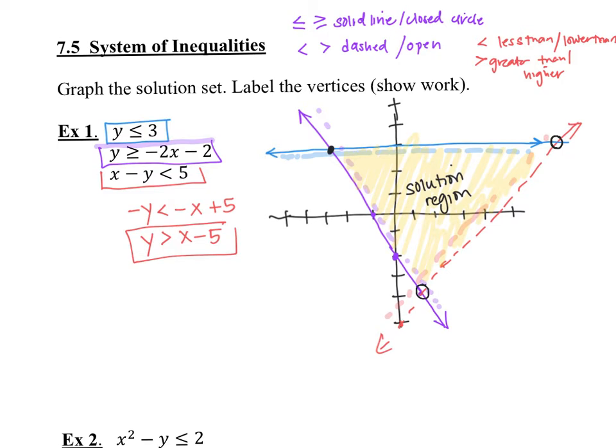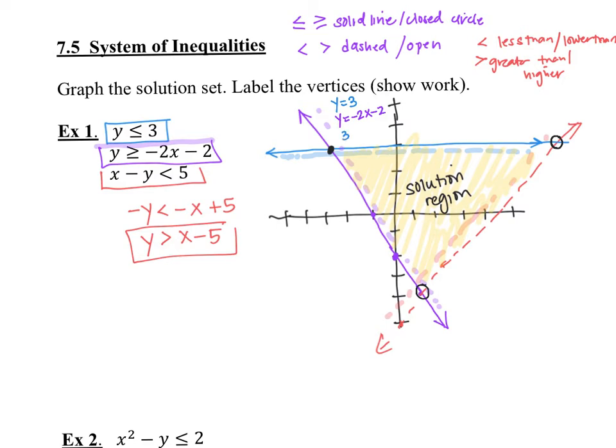Okay, let me start with the blue and the purple. Since I'm trying to figure out where they cross, I'm thinking of them as equals. So the blue line is y equals 3. The purple line is y equals negative 2x minus 2. If I want to see where they intersect, I'm going to set them equal to each other.